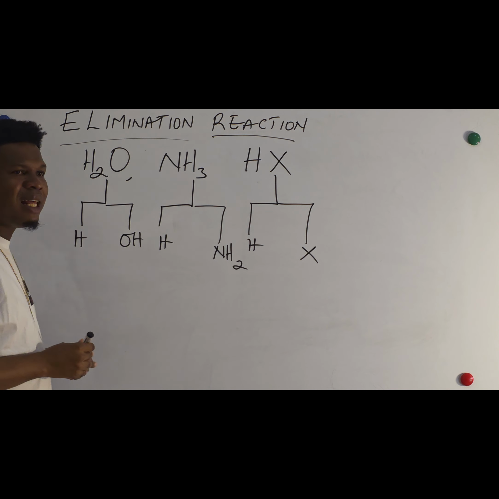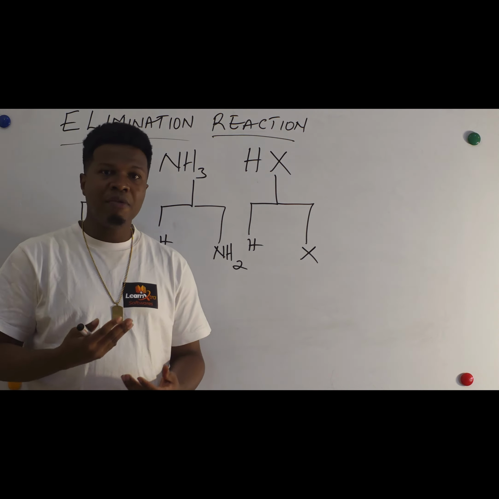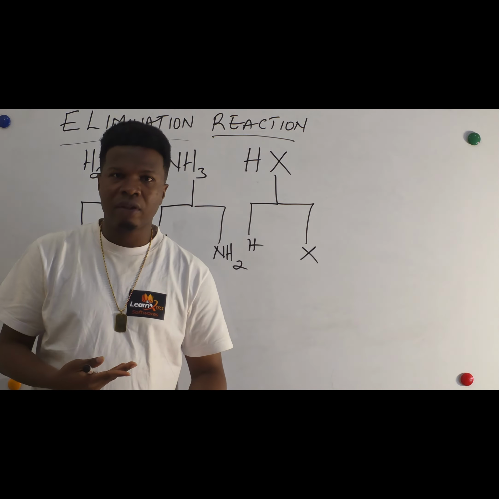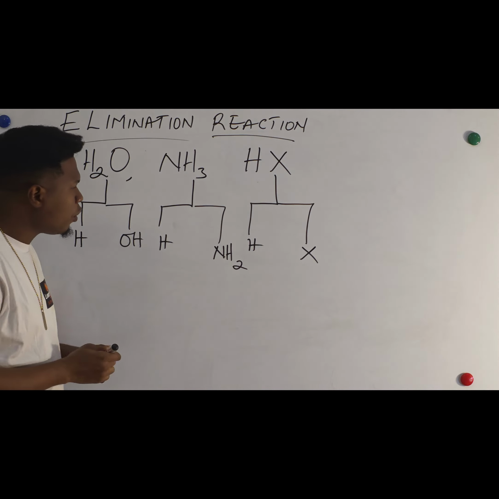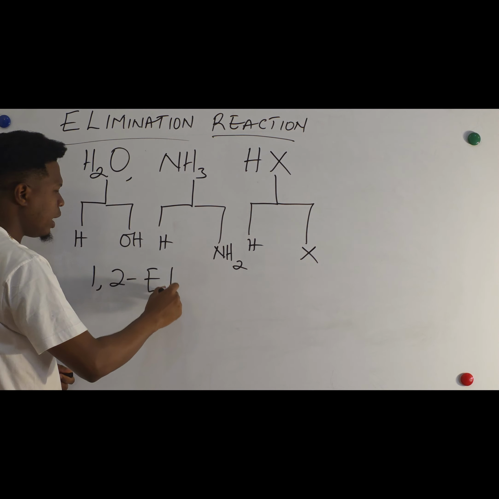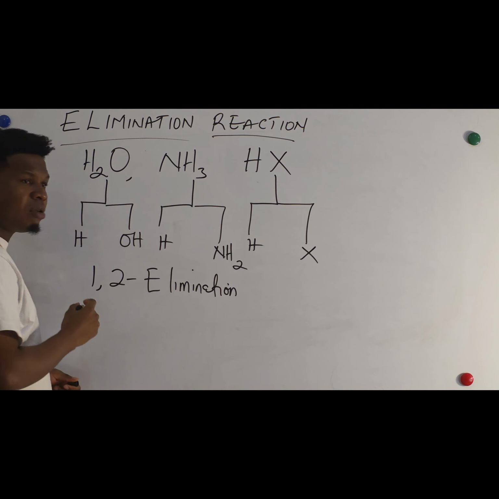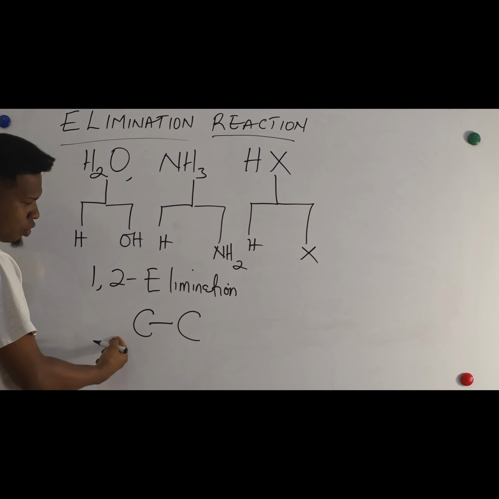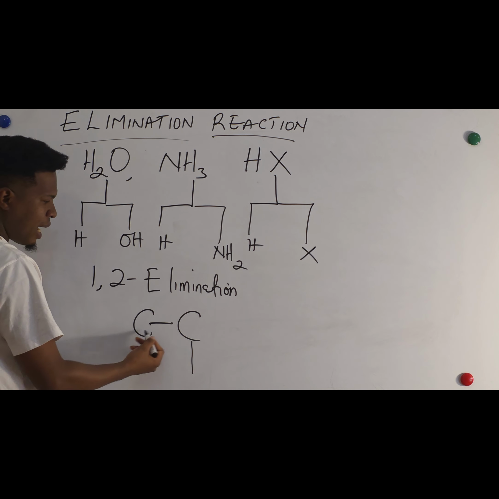Most elimination reactions lead to the formation of an alkane. Most of the eliminations we're going to look at at your level will lead to the formation of an alkane. In elimination reaction, we are going to focus on 1,2 elimination. 1,2 elimination simply means that if you have carbon to carbon, you eliminate one group from here and one group from the adjacent carbon.